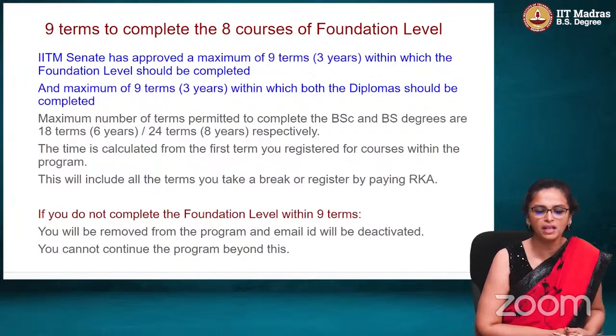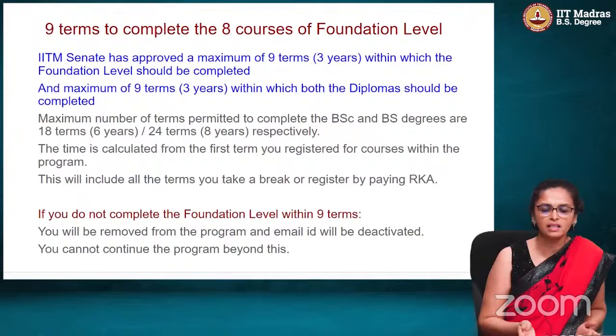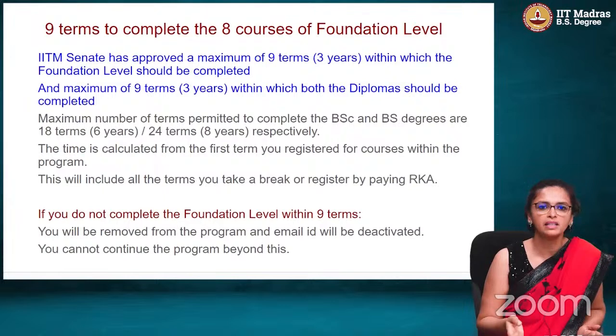Basically, the entire BSc program, the IIT Madras Senate has approved, needs to be done within 6 years or 18 terms. And if you want to complete the BS program, it has to be completed within 8 years or 24 terms.